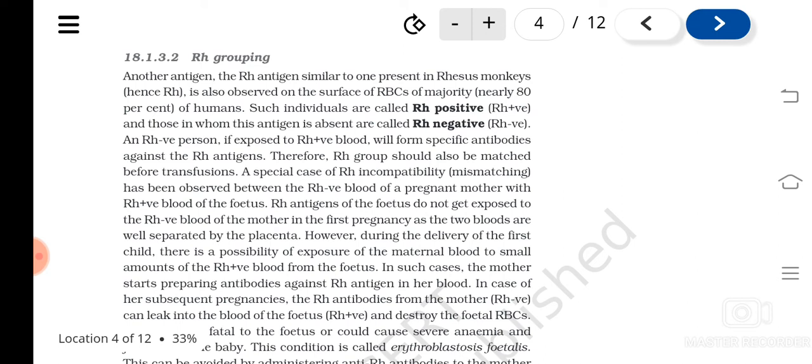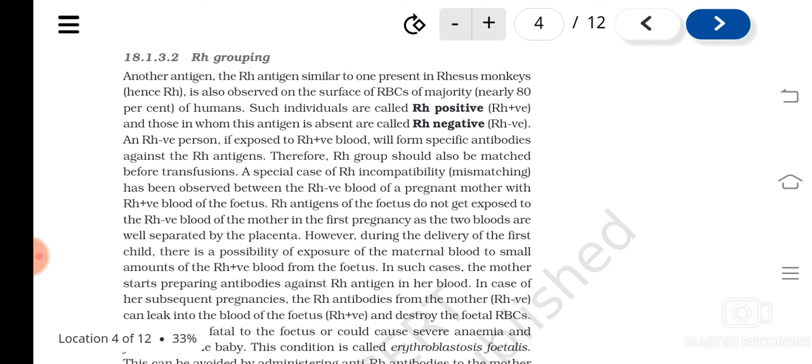In a pregnant lady whose blood group is Rh negative, if the baby's blood group is Rh positive, during the first pregnancy there won't be any problem, because there is no mixing of blood between the mother and the baby in the uterus. Understood? The blood of mother and baby will get mixed only during the first delivery, when there is a chance of the blood of mother and baby meeting.